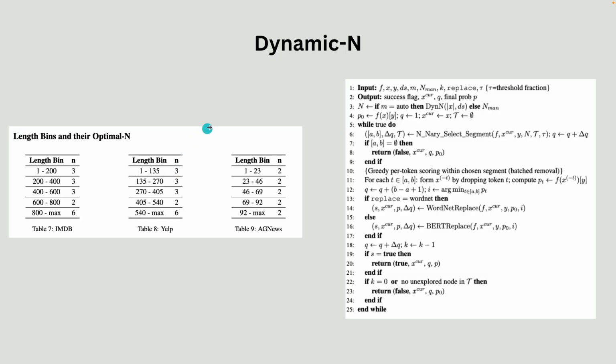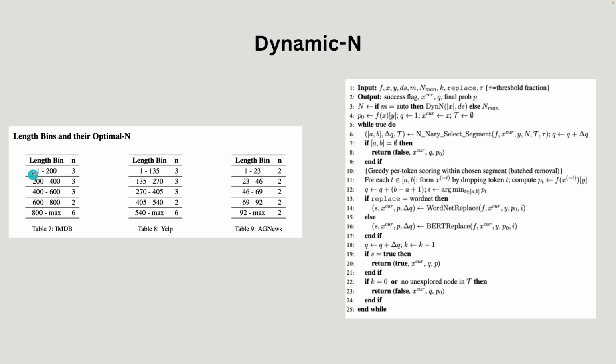So we added another method called dynamic n, where instead of hard coding n equals 3 or 2, we decided to use a validation dataset for the target dataset, such as IMDb or Yelp or AG News. Suppose we are attacking IMDb, we run this n-ary on the validation dataset to understand which n is the most optimal value for different lengths.